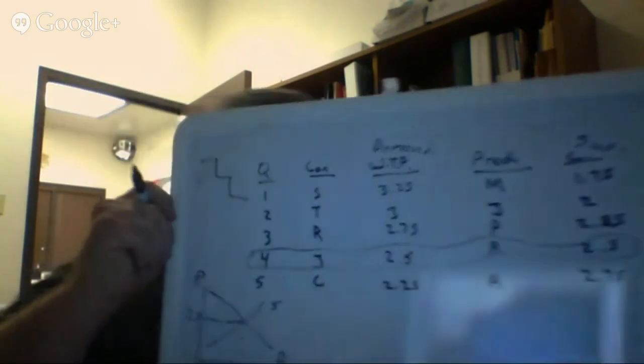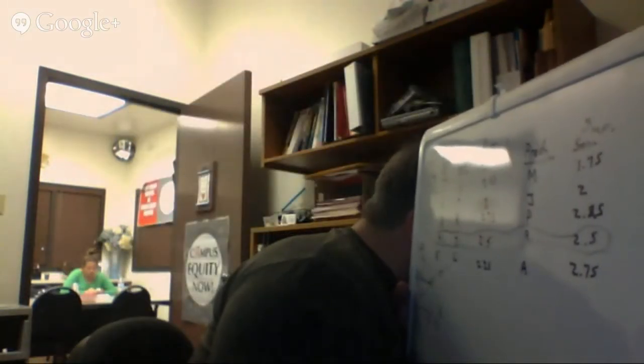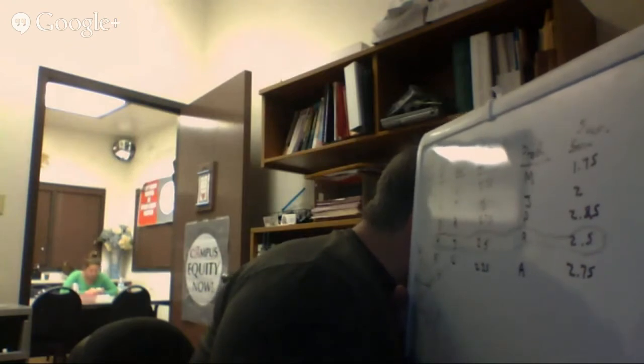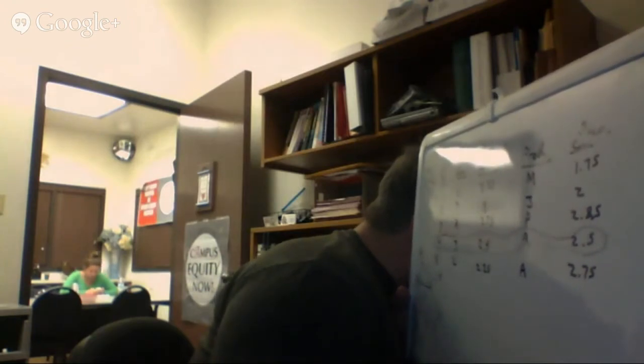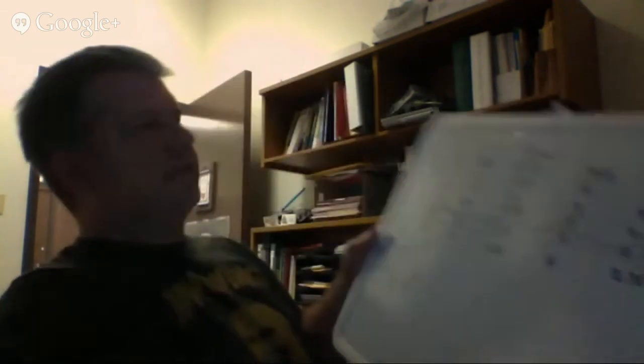So then the question says there's a tax of $1 put on the consumer or the producer, right? Let's see. Oh, it's a tax on the consumers. So what's a tax do? It effectively decreases demand.